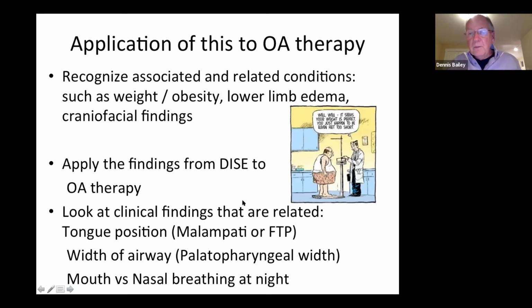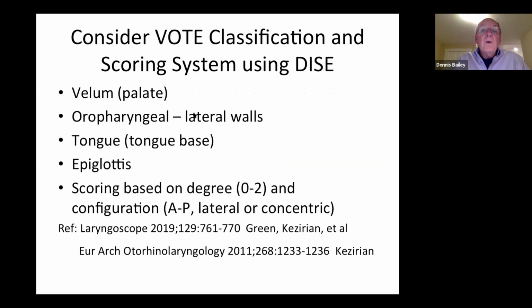So let me make some sense out of this for you in terms of how we may have more prediction based upon the endotyping and phenotyping that took place to get to Inspire, that is an outcome of using DICE to clinically predict. Well, we consider the VOTE classification and scoring system using DICE. This was published in Laryngoscope and the European Archives of Otorhinolaryngology.